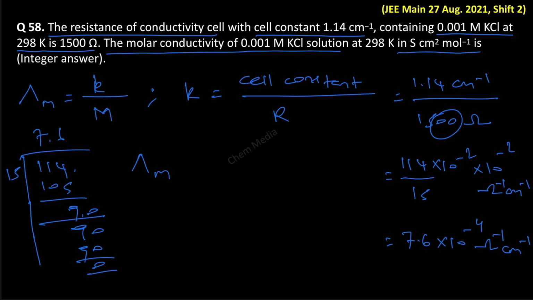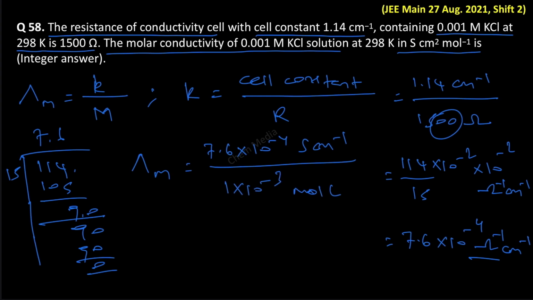So therefore molar conductivity is equal to 7.6 times 10 to the power minus 4 Siemens, because per ohm is Siemens. Therefore I am just directly writing it as Siemens per centimeter divided by molar concentration, which is 1 times 10 to the power minus 3 mole per liter.